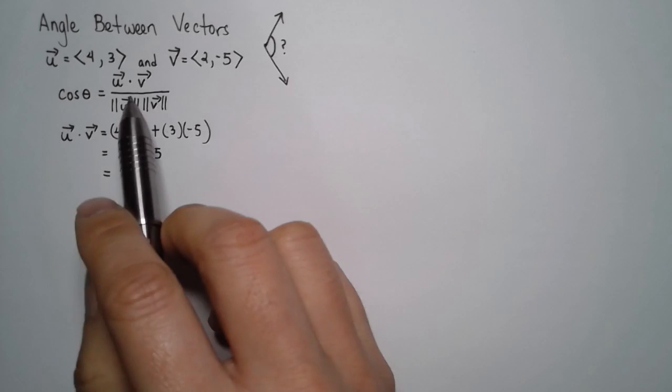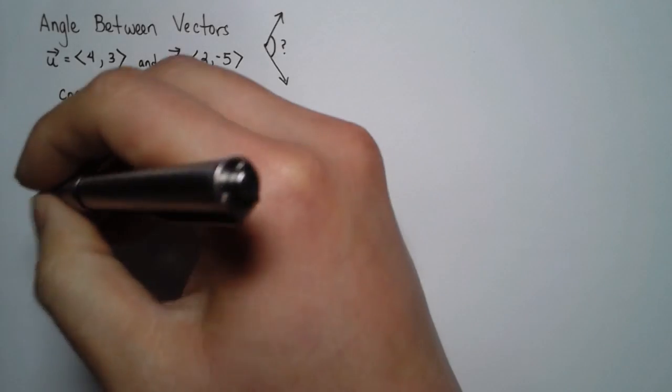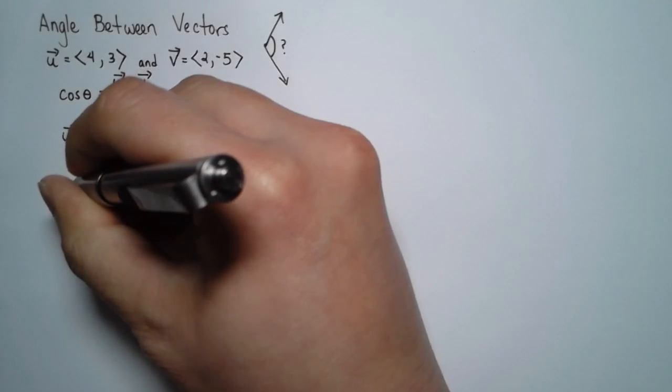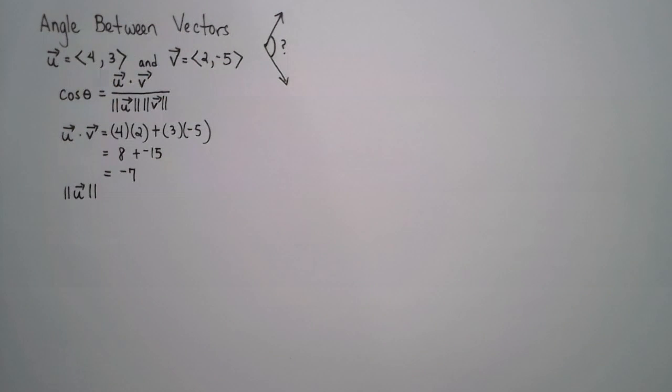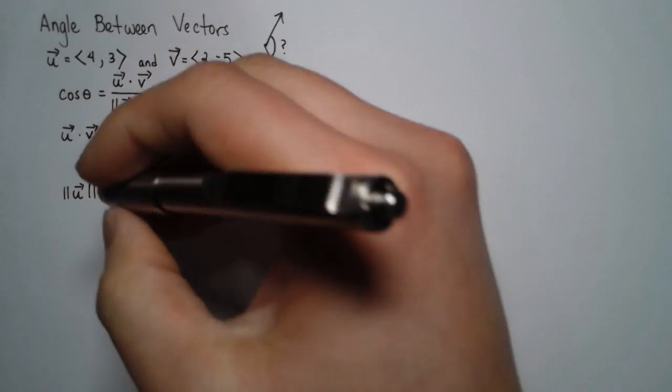So we have figured out the top portion of this fraction, and now we're going to figure out the bottom part individually by focusing on figuring out what is the magnitude of vector u. The magnitude of vector u, we just need to do the Pythagorean theorem, if you remember.